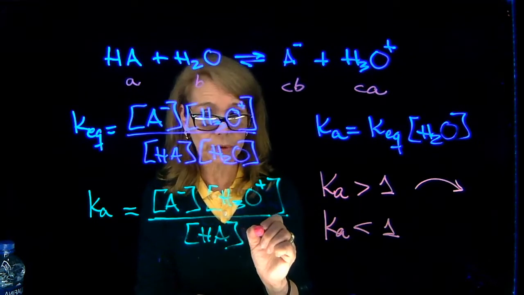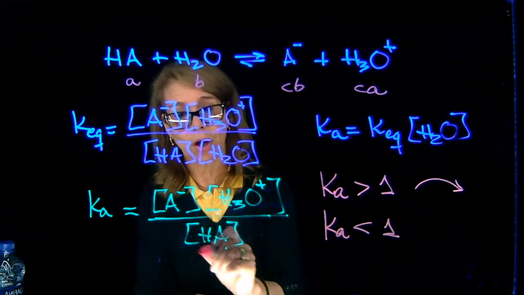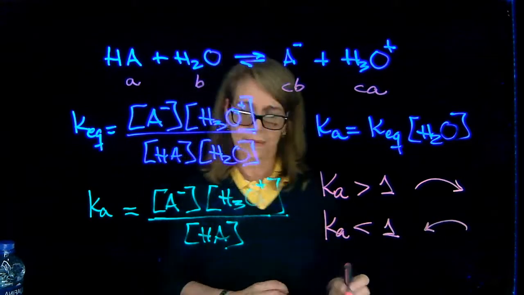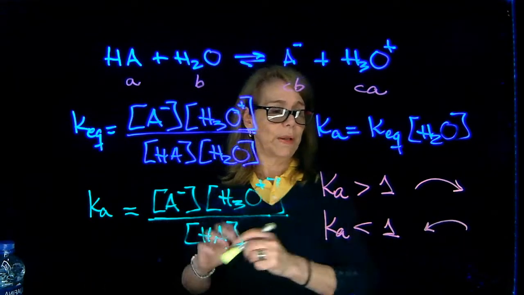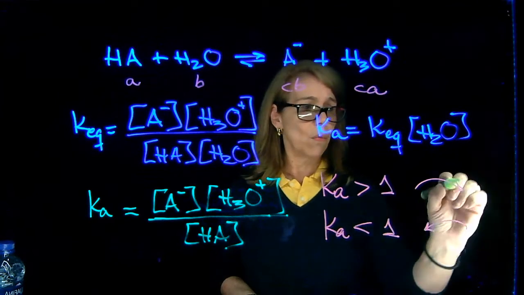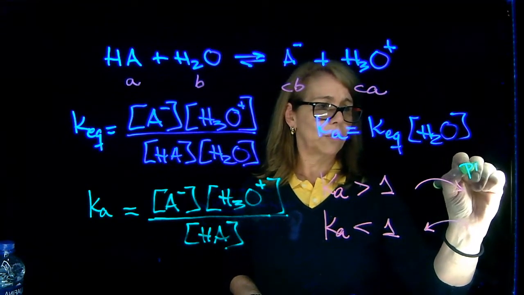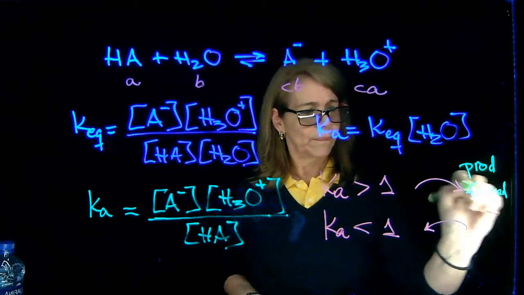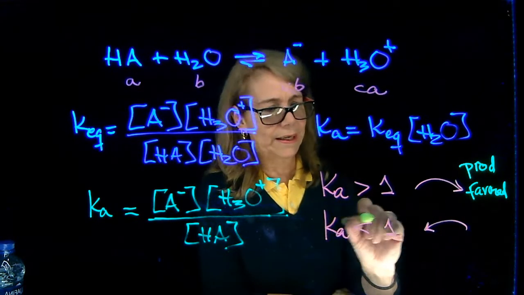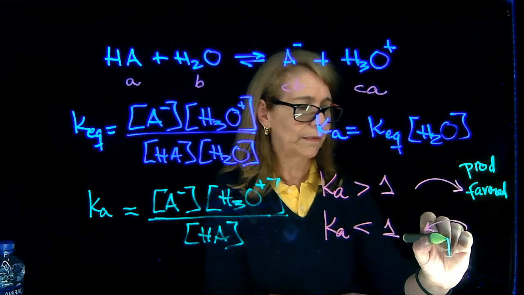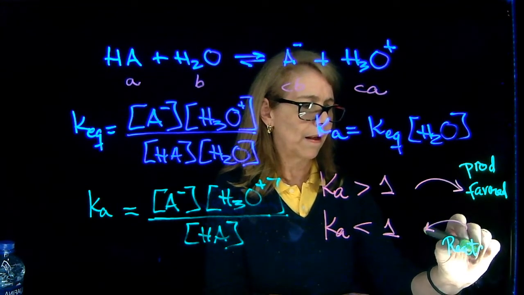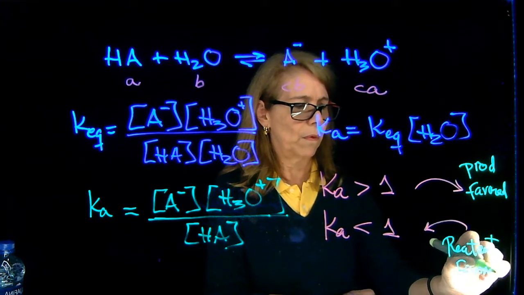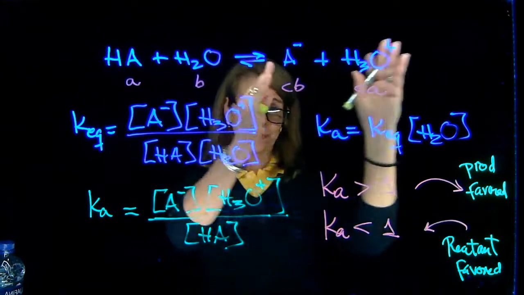Ka smaller than 1 means this is reactant favored. So Ka greater than 1 is product favored, and here, Ka smaller than 1 is reactant favored. That's my reactant side, my product side.